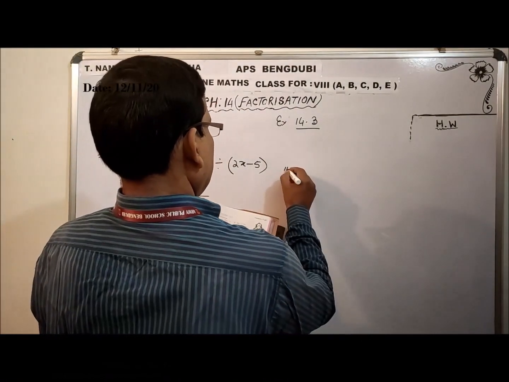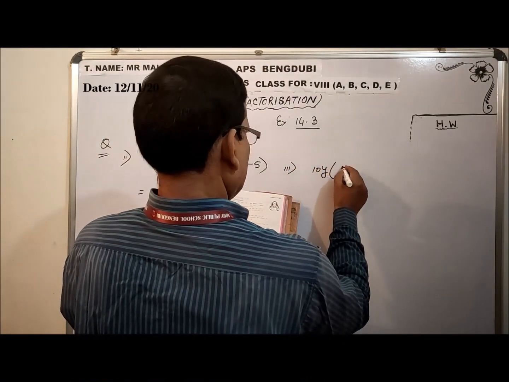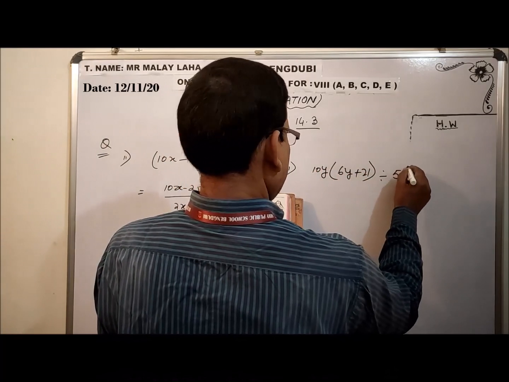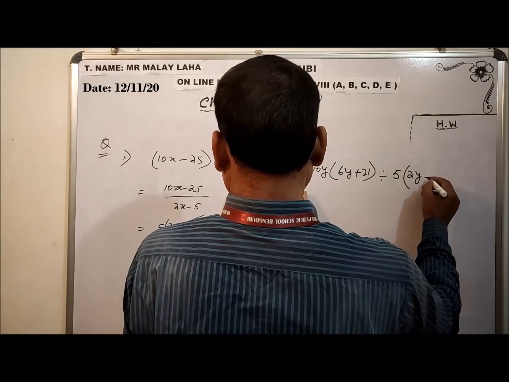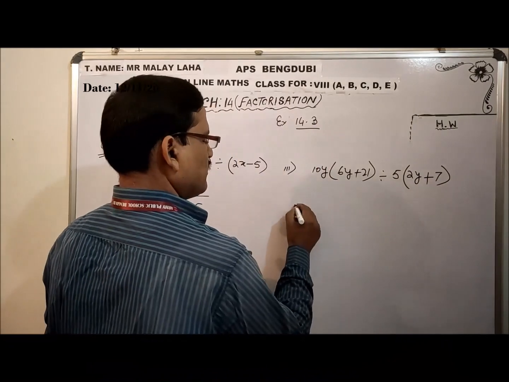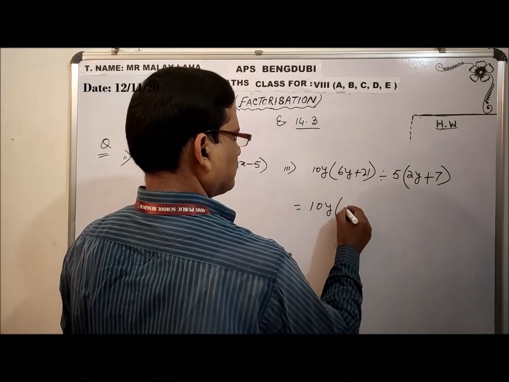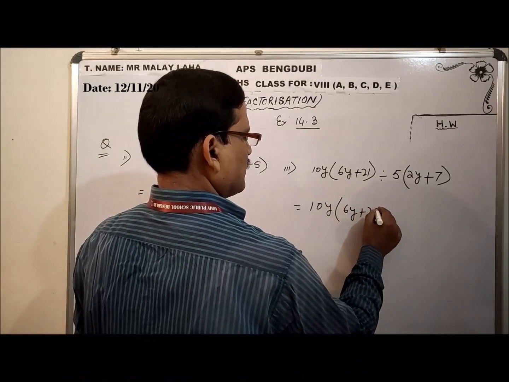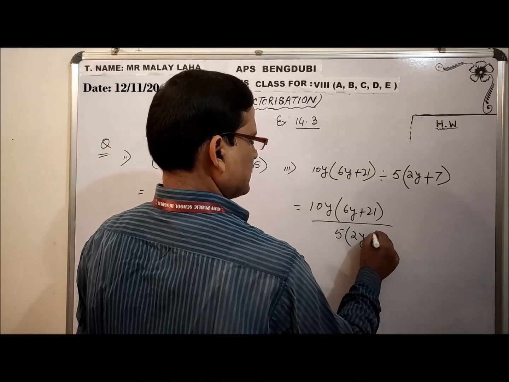Now same 3 is 10y into 6y plus 21 divided by 5 into 2y plus 7. So first you write down division form: 10y into 6y plus 21 by 5 into 2y plus 7.